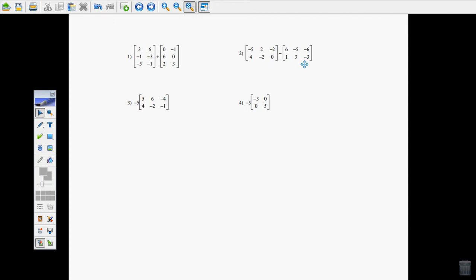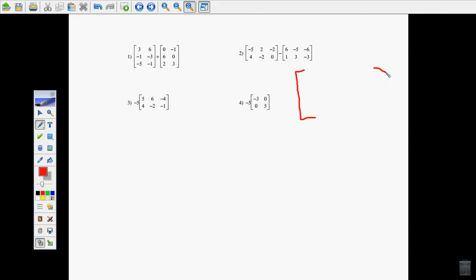In number 2, you're going to subtract. And so 2 ways you can look at it. Same thing, the dimensions are the same, so we can go ahead and subtract. And you take this first entry right here, -5, and you subtract a -6. Let me get a pen here, and I can go over this one with you because a couple of you have been gone.